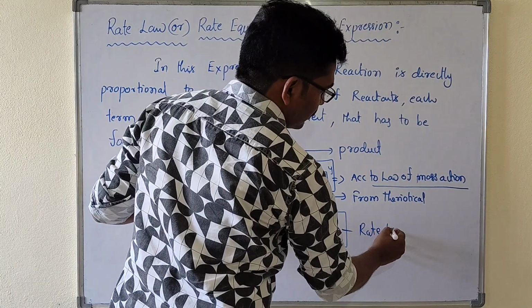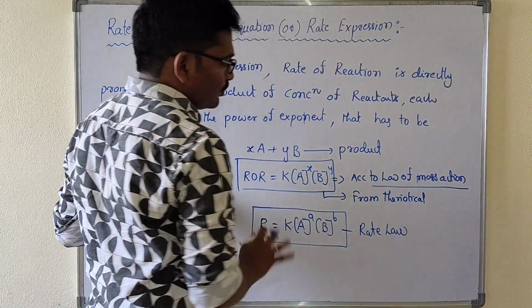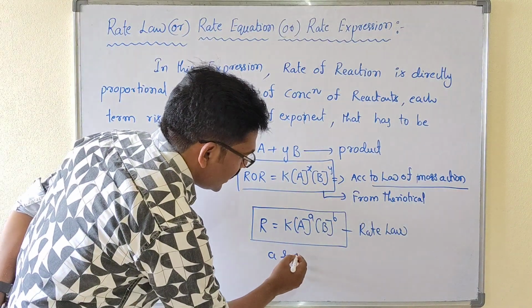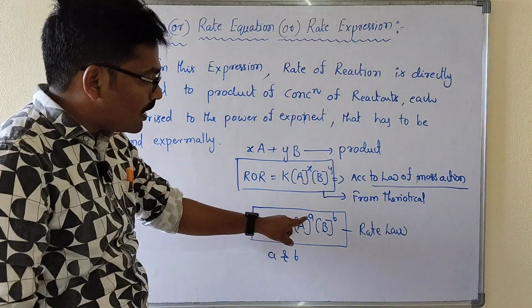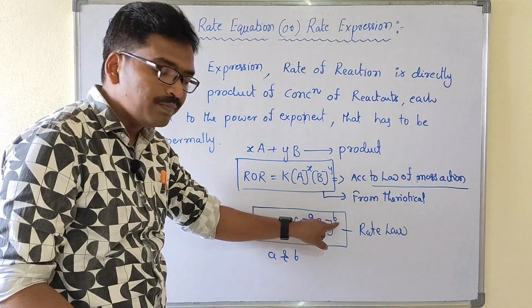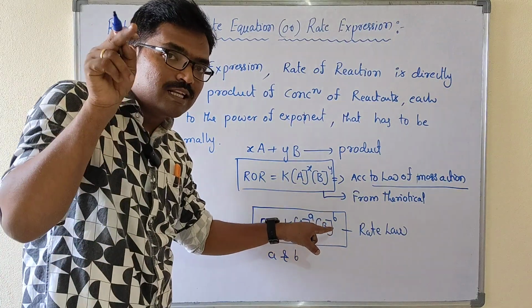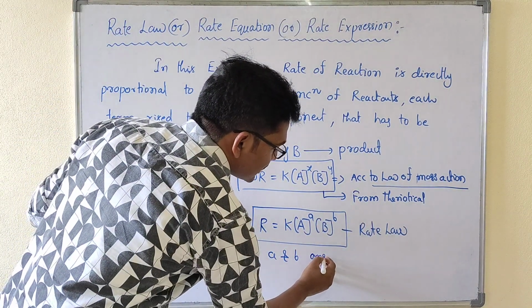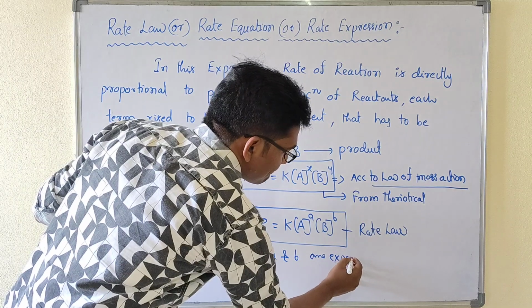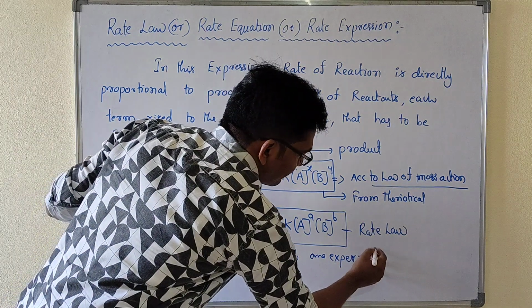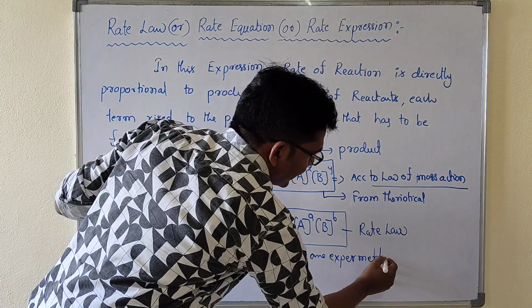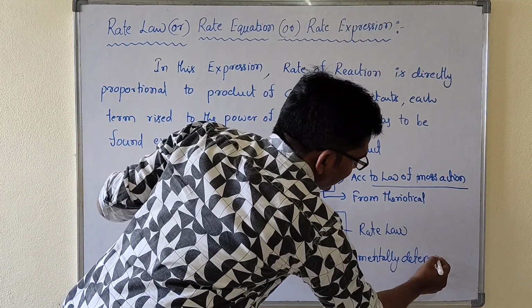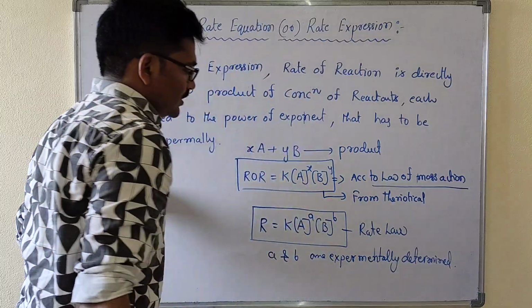What is the difference between both? Here a and b are the powers of exponents, and these powers are experimentally determined. Remember, my dear students.